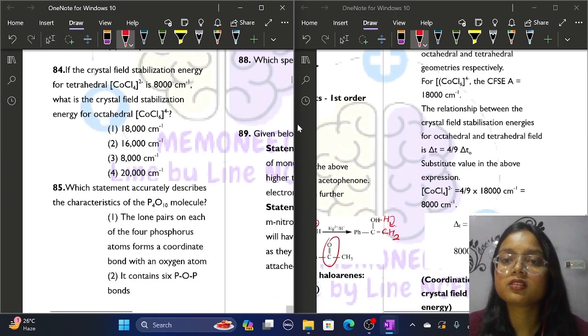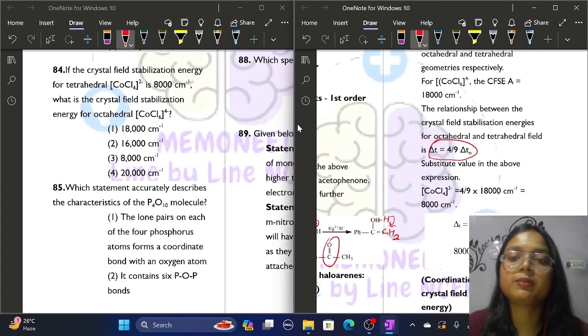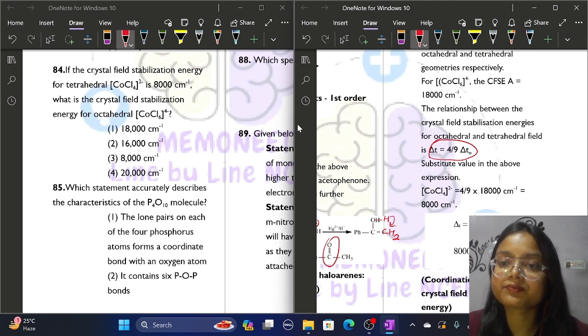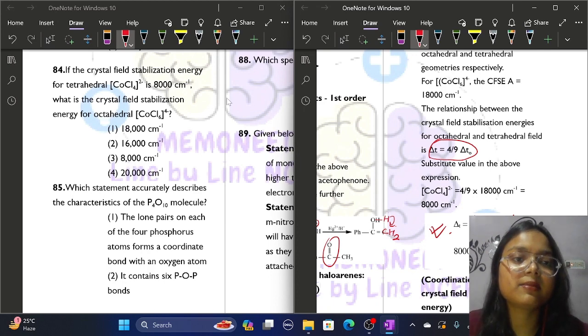This is the equation that we have to remember: delta T is equal to 4/9 delta O, the octahedral one. On substituting, delta T, the crystal field stabilization energy for tetrahedral, is given as 8000.